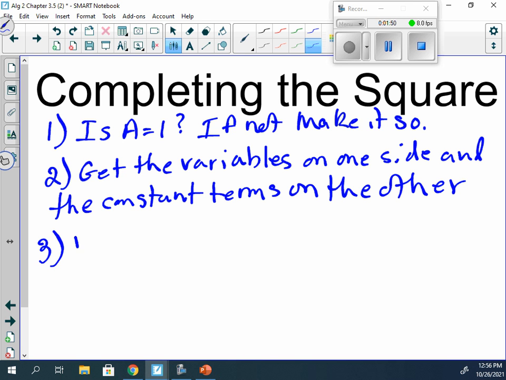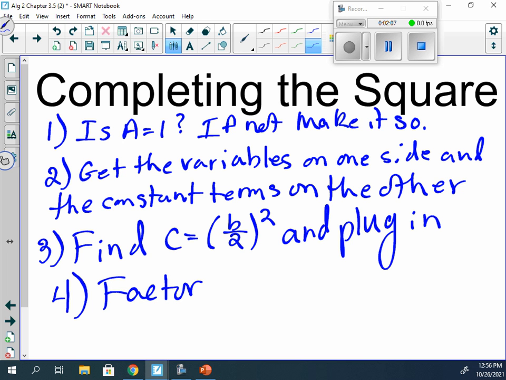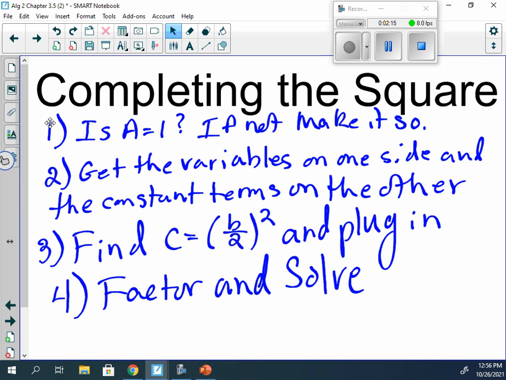Step 3 was to find C, which is equal to B over 2 squared, and plug in. And the last step was to factor and solve. These here are the main 4 steps in factoring, or not factoring, in completing the square.